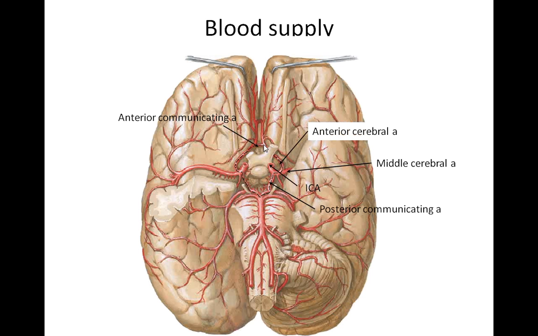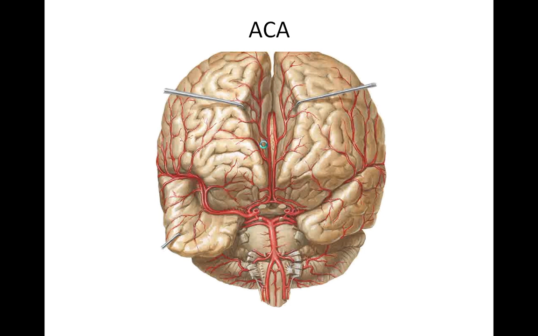Anyway, if we now look at each of the branches of the internal carotid artery separately, we'll be able to get a bit more of an idea of the arterial supply of the brain.